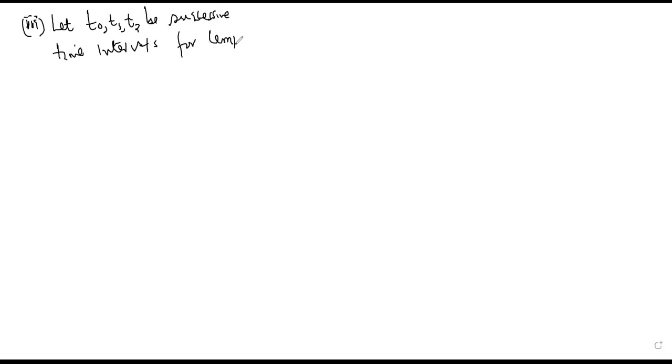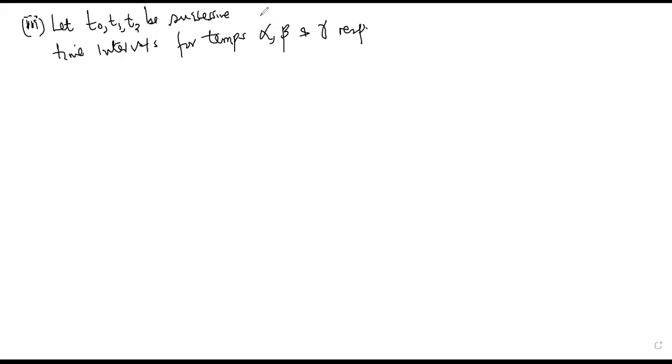So allow me, for part 3, let t0, t1, and t2 be the successive time intervals for temperatures alpha, beta, and gamma respectively.